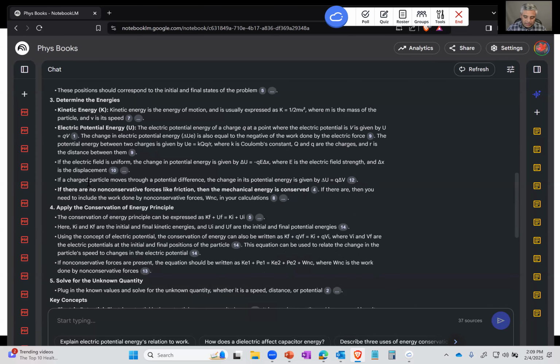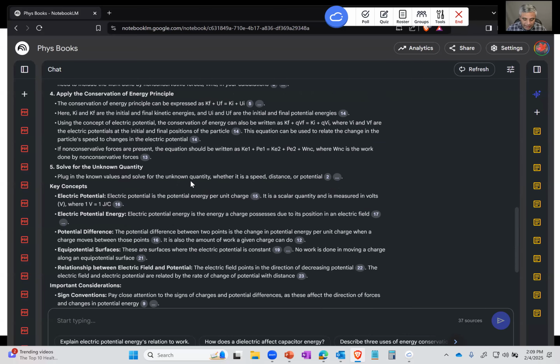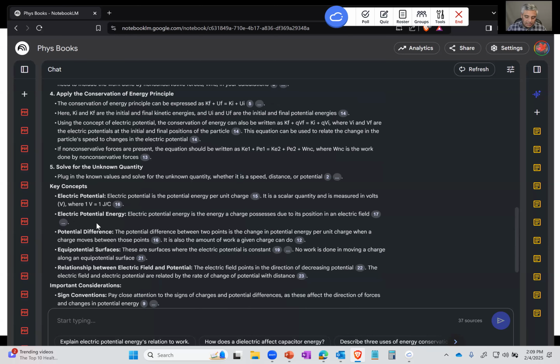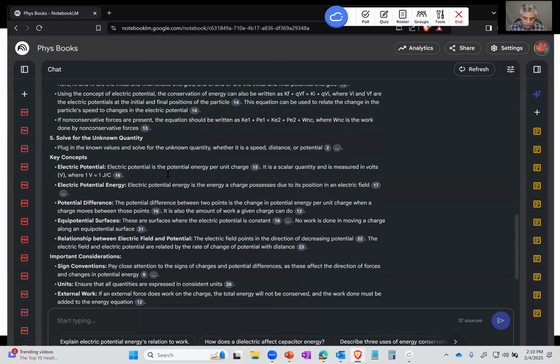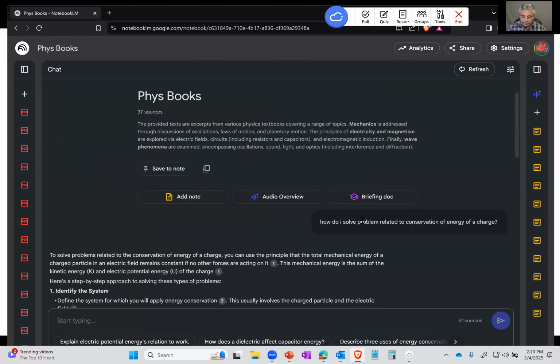Many steps and details. It says you can use this conservation of energy principle after knowing that, right? So it guides you on what needs to be done, and then finally solve for the unknown quantity. It also has key concepts there. Potential has a unit, joule per coulomb, and so on. I'm not going to read everything, but there are these 5 main steps.